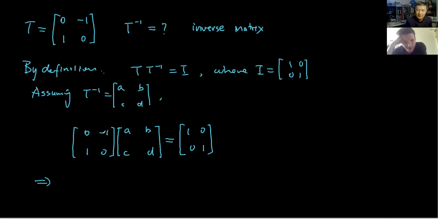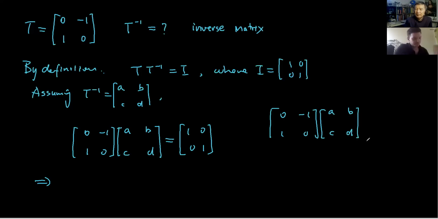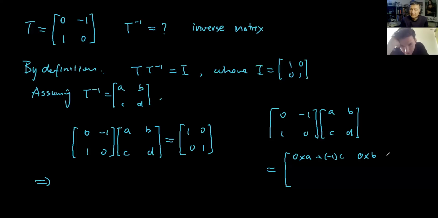Basically, we need to multiply 0, -1, 1, 0 by A, B, C, D. That would be another 2 by 2 matrix, right? The first element: 0 multiplies A plus -1 multiplies C. How about the second element? 0 multiplies B, and -1 multiplies D. That's the second element.